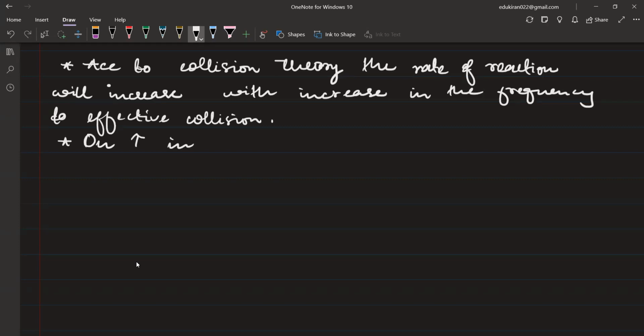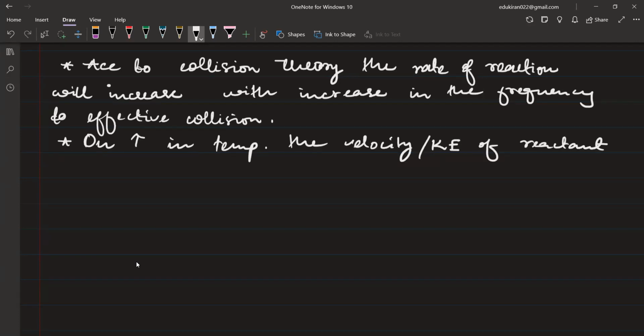On increase in temperature, the velocity, or we can also write kinetic energy, of reactant molecules also increases.